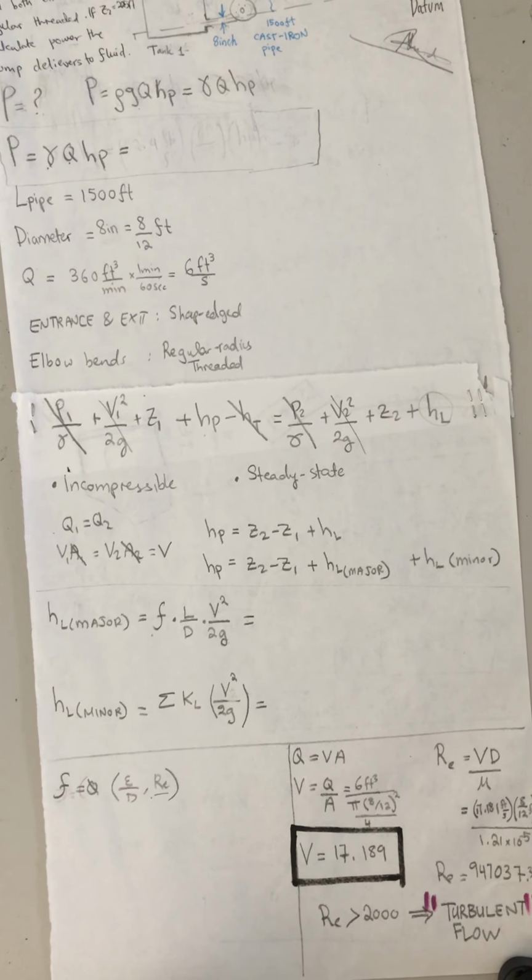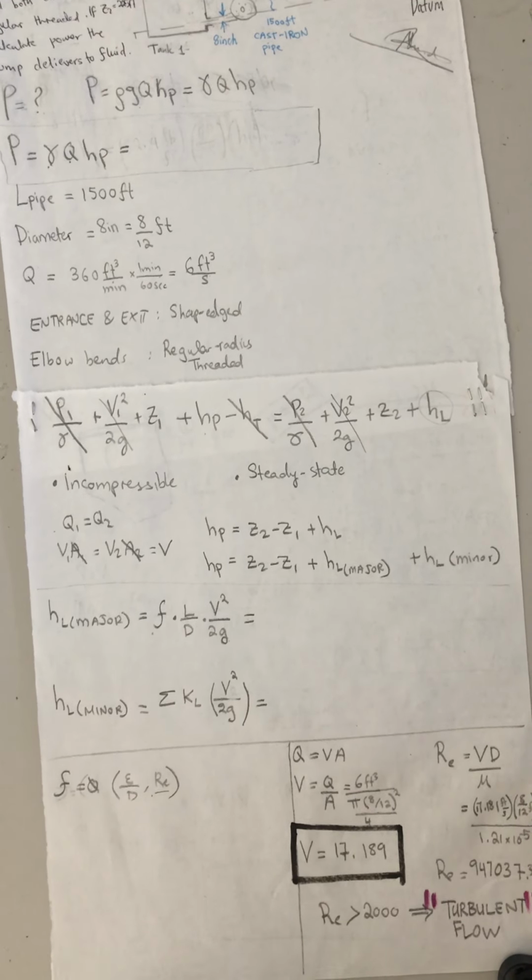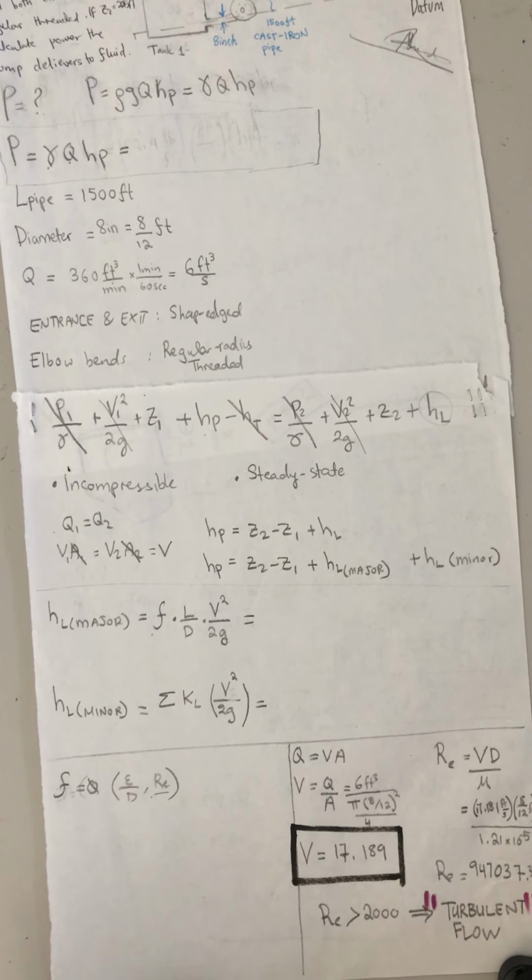So the frictional factor is found in Moody's chart. Since we are dealing with turbulent flow, the determination of the frictional factor will be via the formula known as the Colebrook formula.